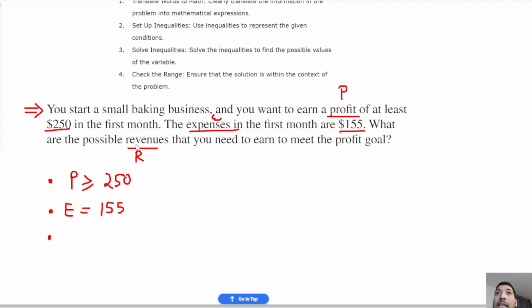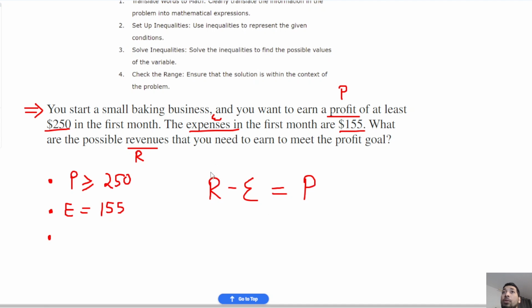The third part is the revenues. Now I need to find the revenues. From the revenue, expenditure, and profit relationship, whatever you earn minus whatever you spend, which is your expense, is equal to profit or loss.